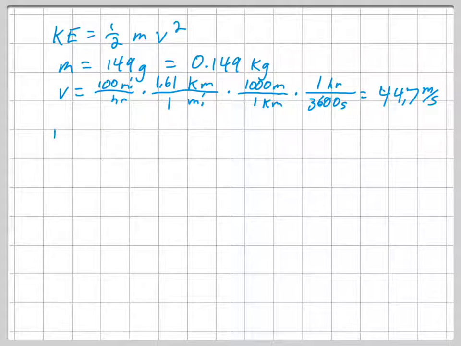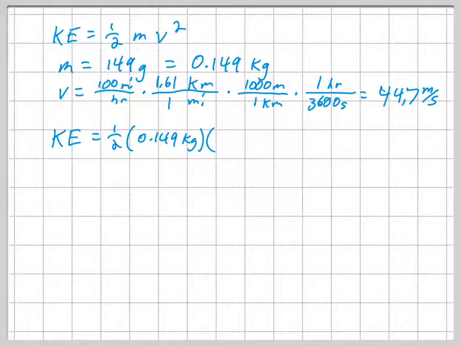So we take our equation back in here, we put it in the right units here. Kinetic energy is equal to 1/2 of the mass, which is 0.149 kilograms, times the velocity squared, and the velocity in this case is 44.7 meters per second, and then we will square that value.